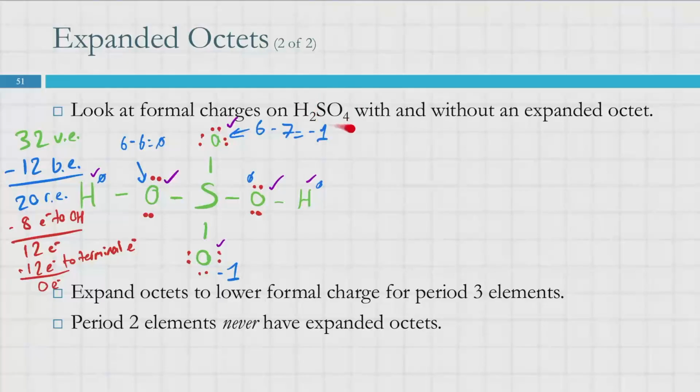H2SO4 overall is neutral. Our sulfur would have to pick up the slack with a +2. We can also do the maths on that. It wants to have 6 electrons. It's got 4 bonds. It's taking half of each of those 4 bonds.